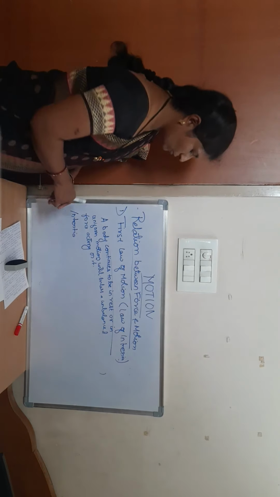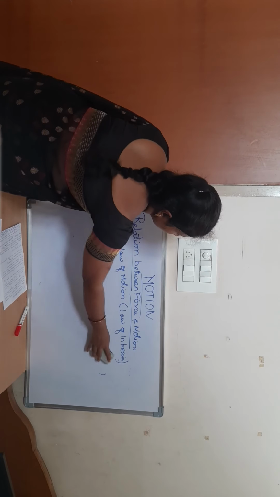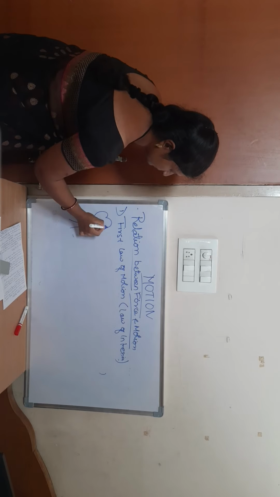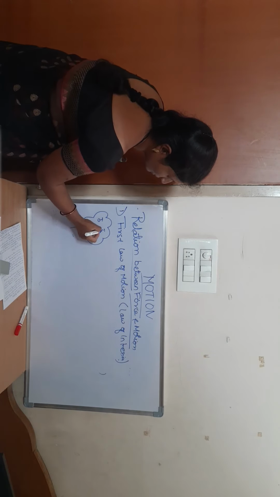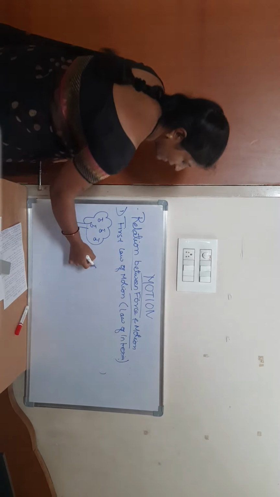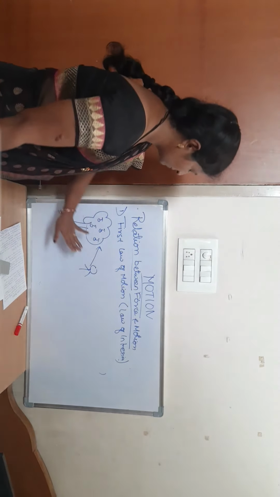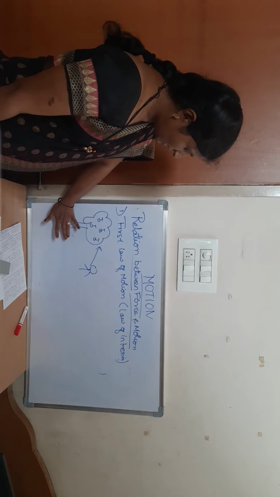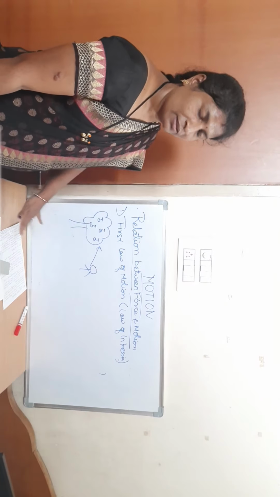Okay. Now, to understand the first law of motion, we take an example. Suppose this is a mango tree. The mango fruit is grown on the mango tree. A boy wants a mango fruit. What does he do? He shakes the tree. While he is shaking the tree, the branches of the tree are also shaken.